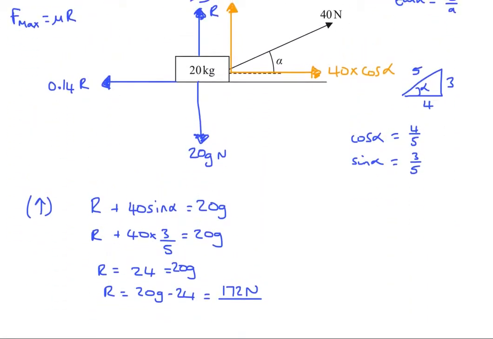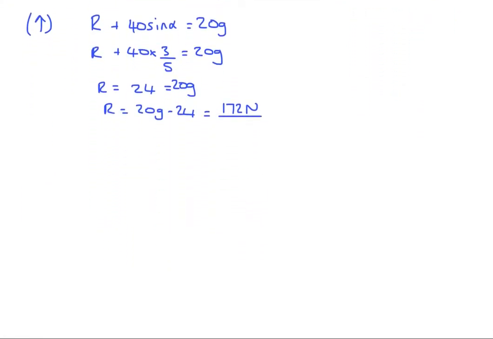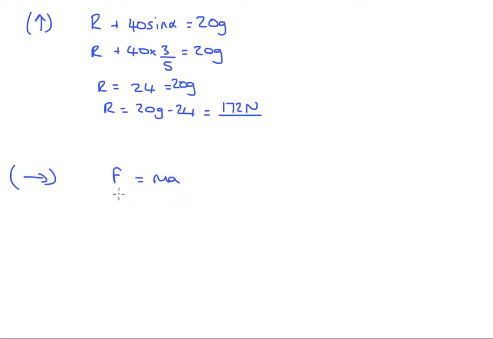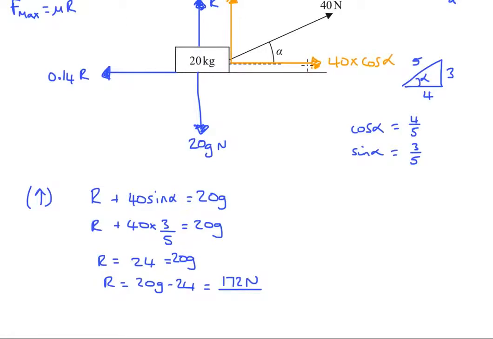What we can do next is look at the left and right forces. Because it is accelerating, we know the resultant of the horizontal forces is going to equal MA. Because it's moving to the right, this is going to be positive, so this will be our big value.